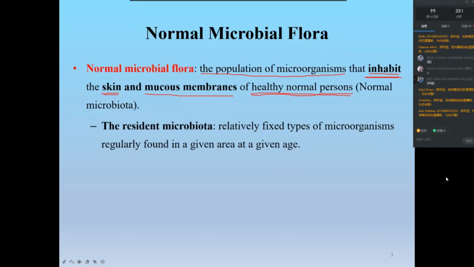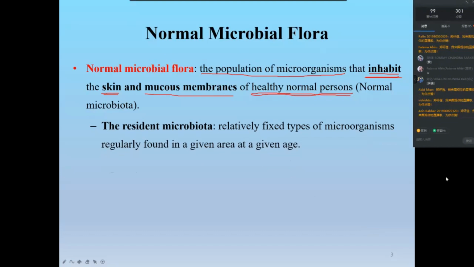Okay, and the next type of microbiota is transient. Transient means temporary. It consists of non-pathogenic or potentially pathogenic microorganisms that inhabit the skin or mucous membrane for short times, maybe hours, maybe days, maybe weeks.